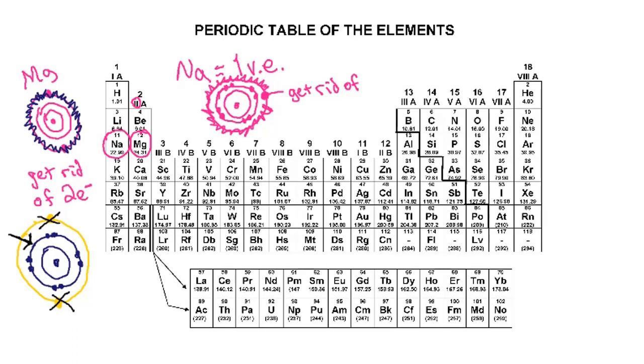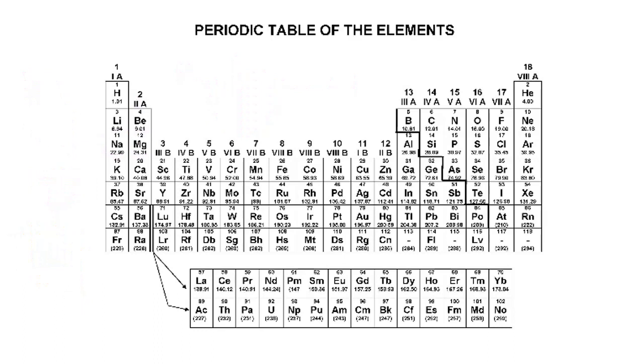So what happens when an element gets rid of an electron? These elements in their periodic table states have a 0 charge. Hydrogen has a 0 charge, but it wants to get rid of its 1 electron so it can be complete.